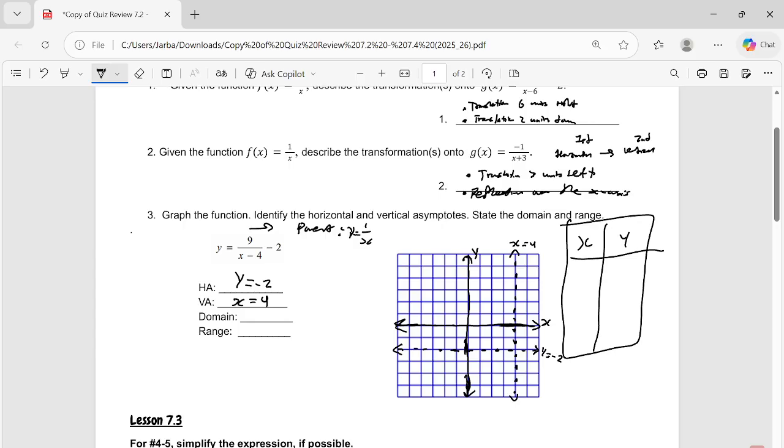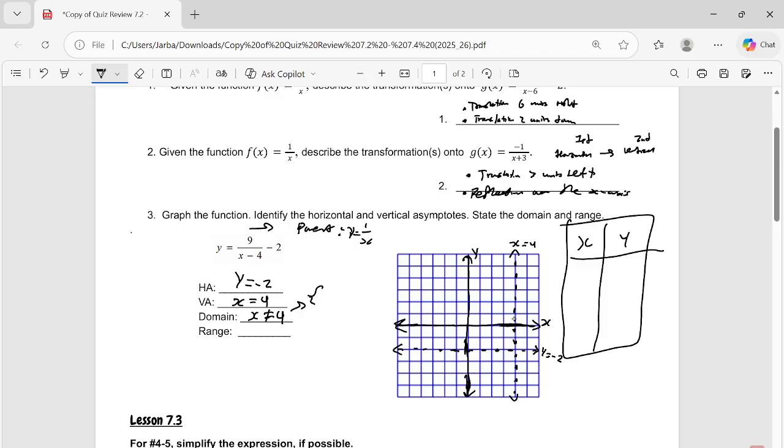Our domain, well, we know that it can be anything except x values where it's at the vertical asymptote. There's a lot of ways you could write it, really. But often you can just say x does not equal 4. Another way, if you take a college algebra class, is interval notation.